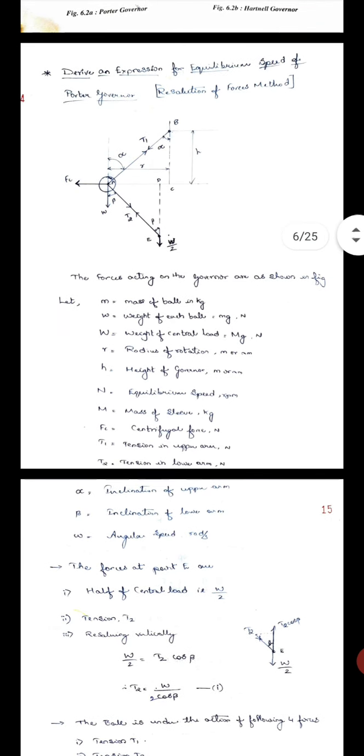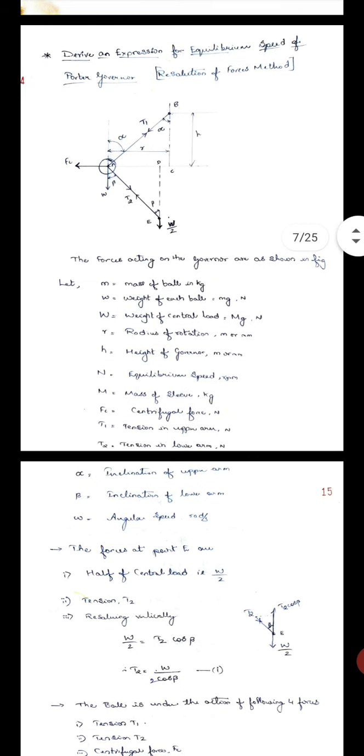Capital N is the equilibrium speed in rpm. Capital M is the mass of the sleeve in kgs. Fc is the centrifugal force in newtons. T1 is the tension in the upper arm in newtons.